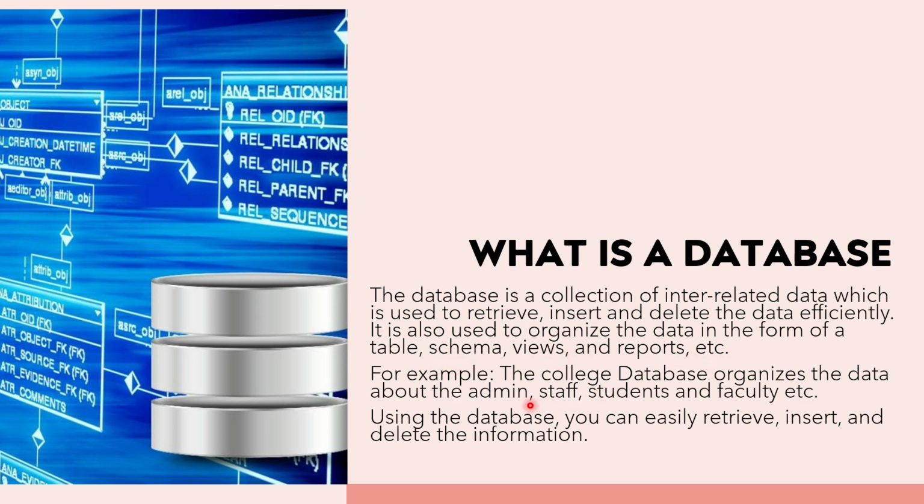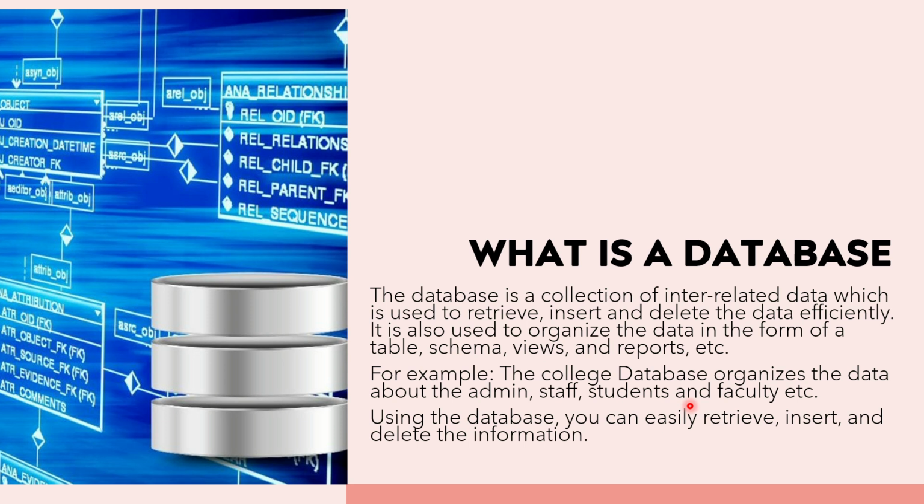For example, a college database organizes the data about admin, staff, students and faculty. If you take any college database, we are going to have multiple databases, one for the admin office.